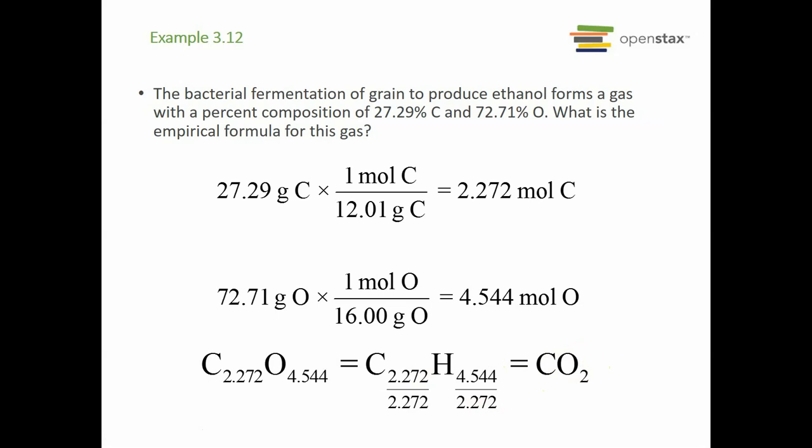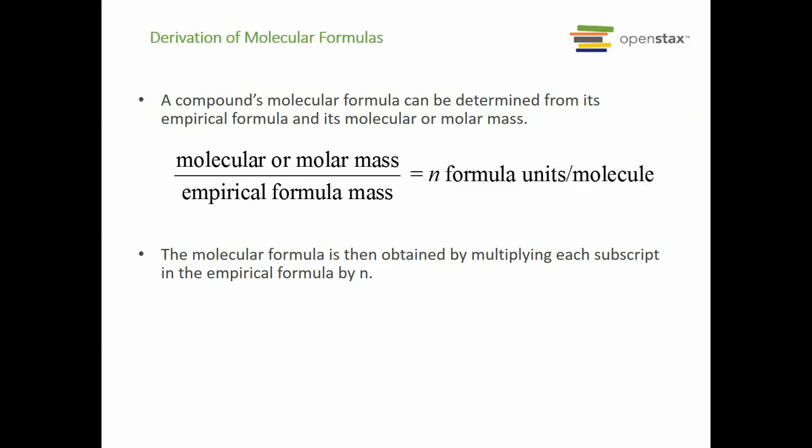And that's what we're going to talk about next, is how do you get the molecular formula from the empirical formula. Now, there are multiple ways of determining what the molar mass of a compound is, and we're not doing that yet. But let's say that you knew what the total mass of the molecule was.